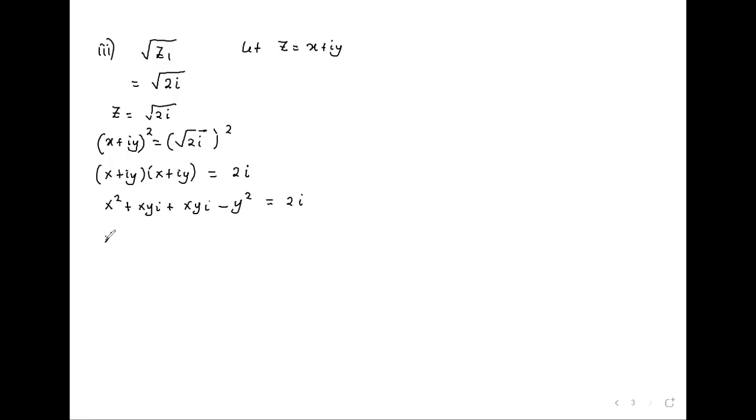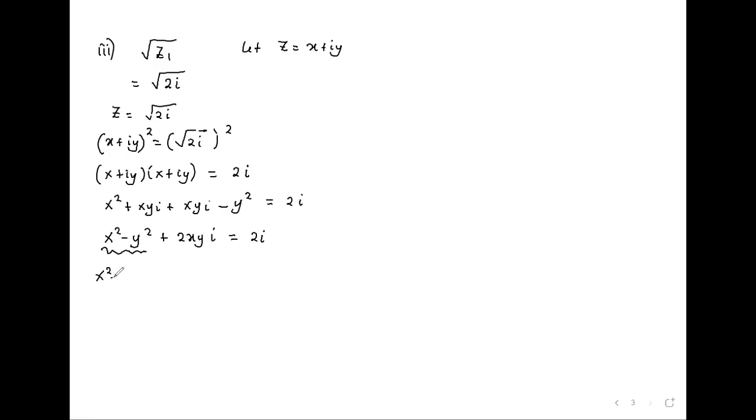So we say, okay, meaning x squared minus y squared is equal to, first I put everything together, x squared minus y squared plus 2xyi is equal to 2i. Now, two complex numbers are equal if and only if their real parts are equal and the imaginary parts are equal. The real parts here, x squared minus y squared.